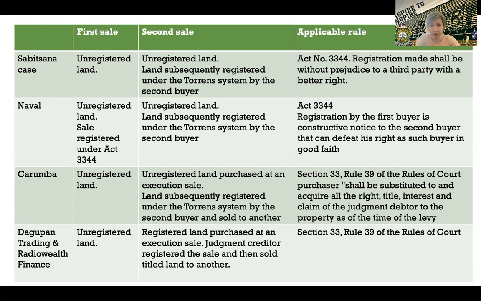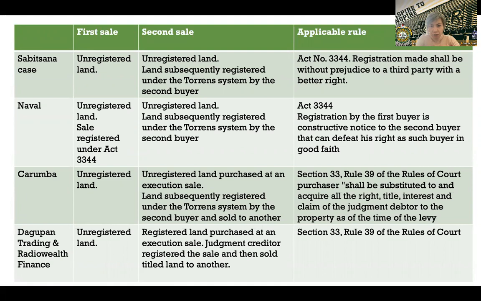Registration by the first buyer is constructive notice to the second buyer that can defeat his right as such buyer in good faith. In Karumba, unregistered land sa first sale. Then second sale was at an execution sale and still unregistered siya.